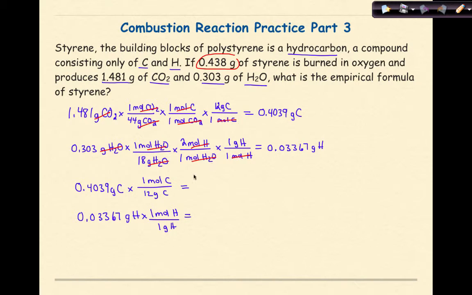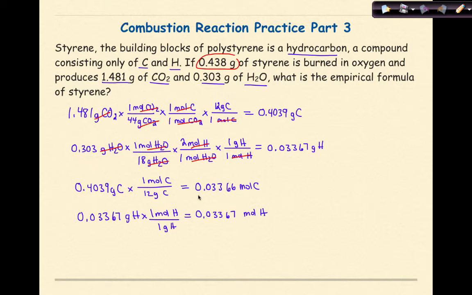And when I do that, I will find that this is 0.03366 moles of carbon, and this is also around 0.03367 moles of hydrogen.